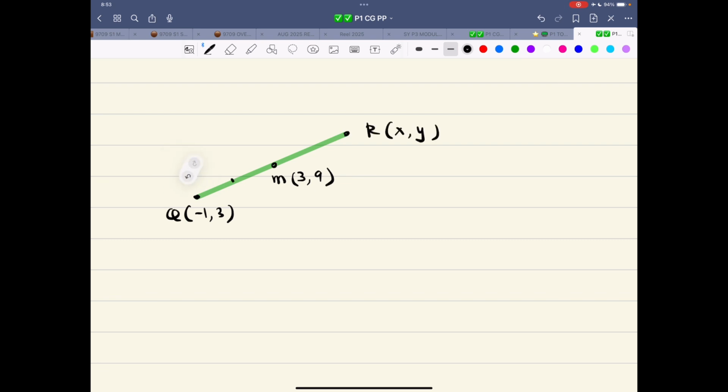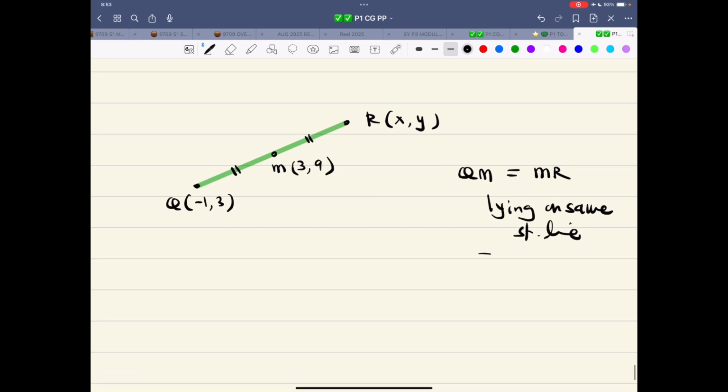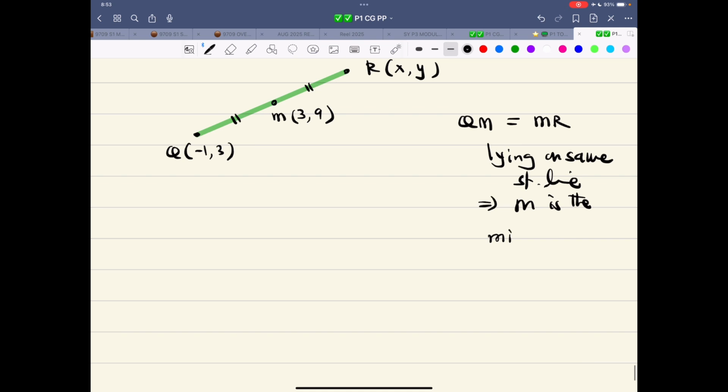So now, since it's a reflection, QM should equal MR. They are lying on the same straight line. In other words, M is the midpoint, because of reflection, of Q and R.